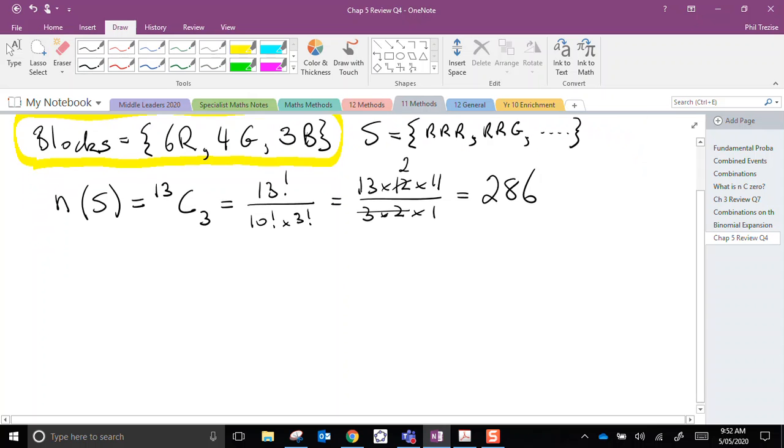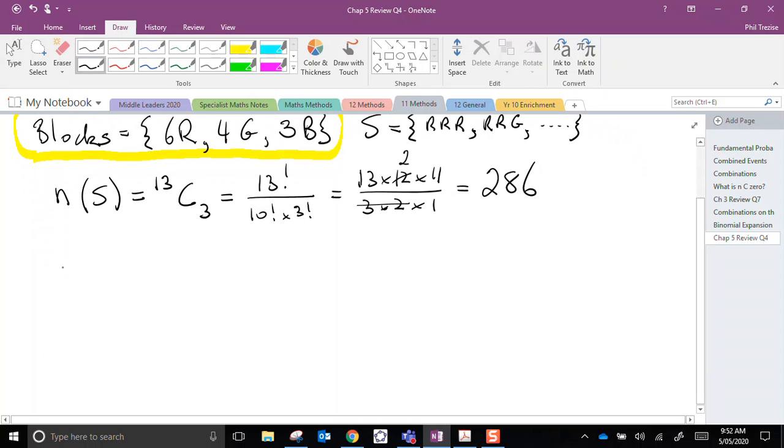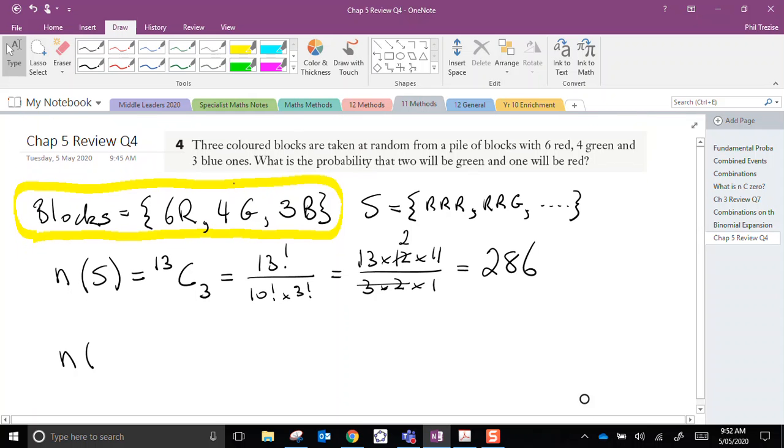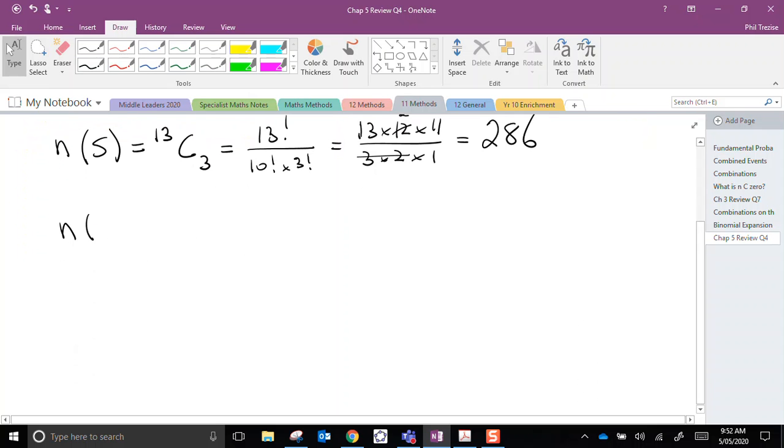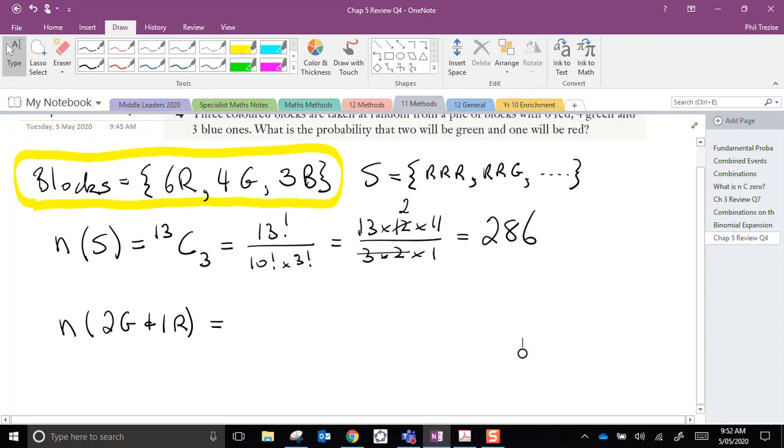Now let's start thinking about the event we're interested in. So the event that we're interested in, how many ways are there of the event said, 2 will be green and 1 red? So 2 green ones and 1 red one. Well, to select 2 green blocks, it's really choosing 2 out of a subset of 4.